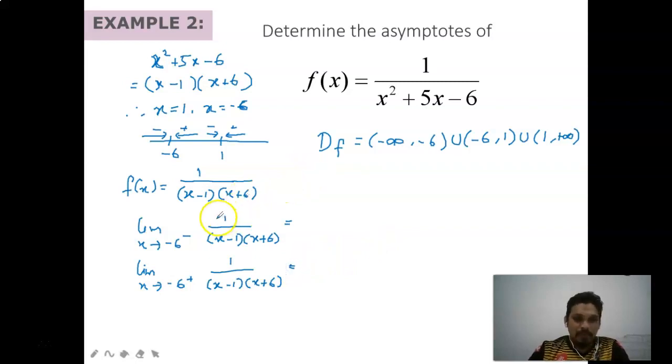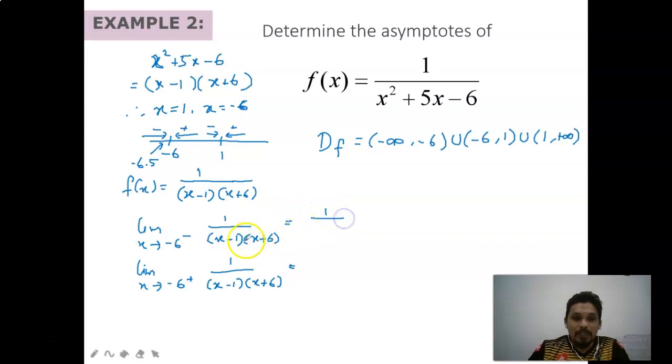If I substitute any value of x approaching negative 6 from the left, let's choose, for example, negative 6.5.